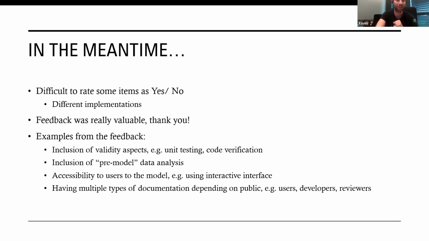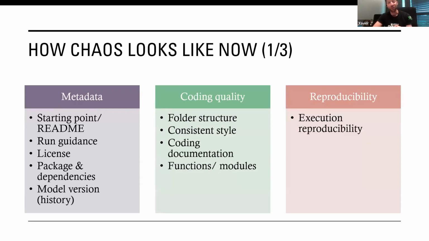So now, how does CHAOS look now? Based on the different endeavors testing the checklist and the feedback, we have selected 10 items at the end of the day that we separated into 3 categories.